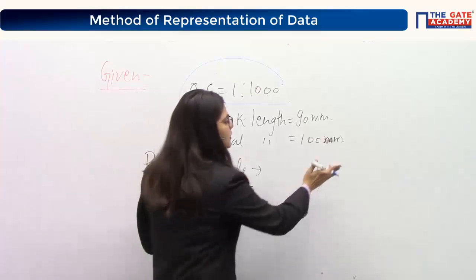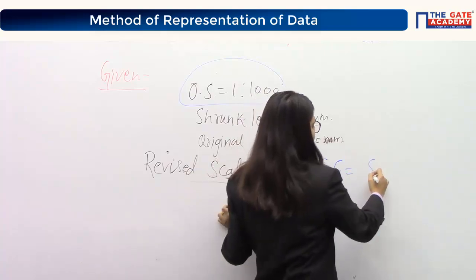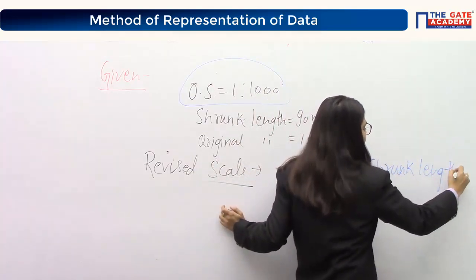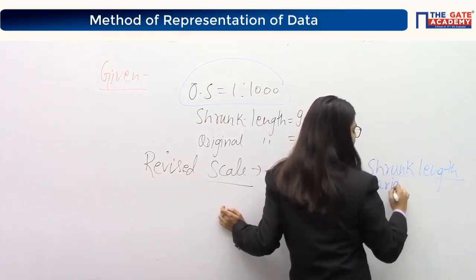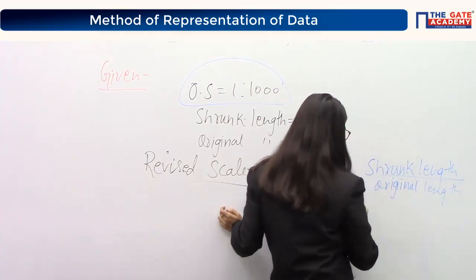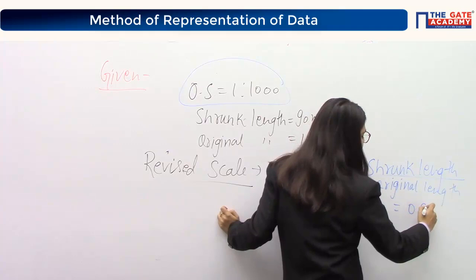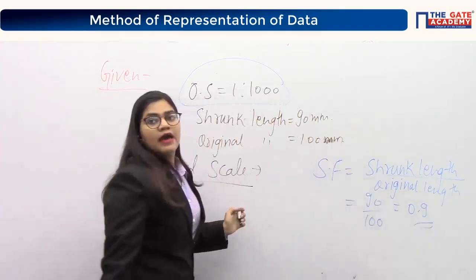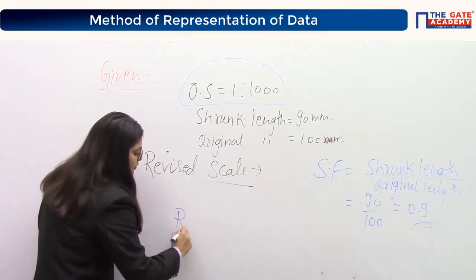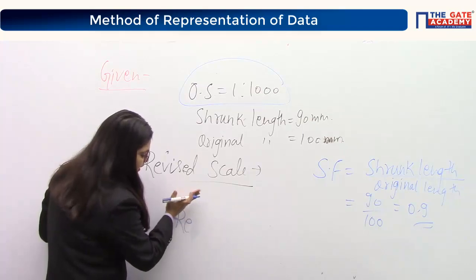You know the shrinkage factor. What is shrinkage factor? Shrunk length divided by the original length. So shrunk length is 90 and the original one is 100, so it came out to be 0.9. And he asked you to calculate the revised scale, or the shrunk scale.